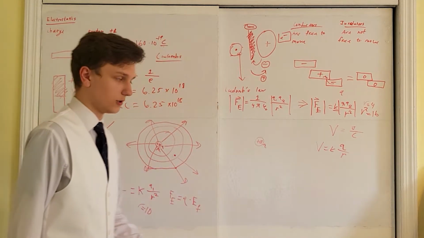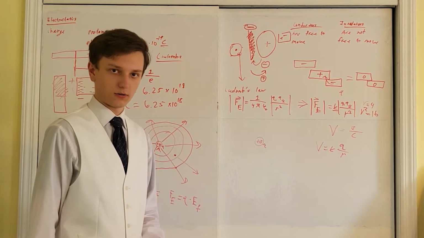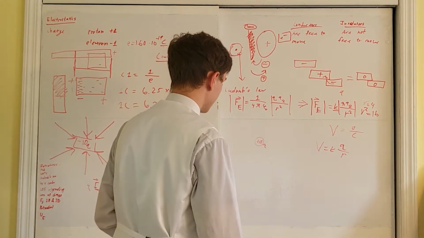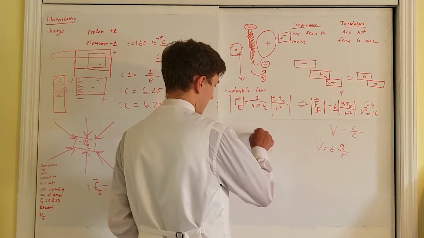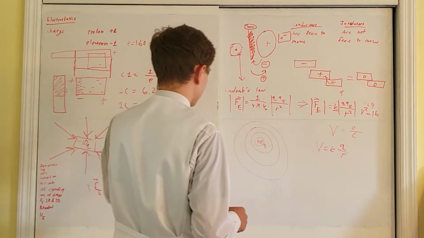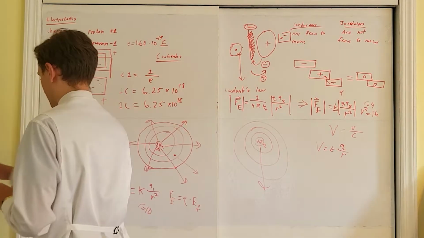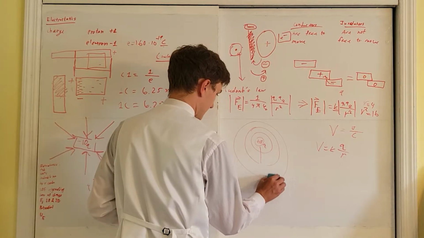Electric potential is a determinant of the potential energy of a particle at a given point. Okay? So again, let's draw our electric potential isolines, and electric potential is not a vector, therefore you cannot draw electric potential vector lines. Keep that in mind. Electric potential is not a vector.